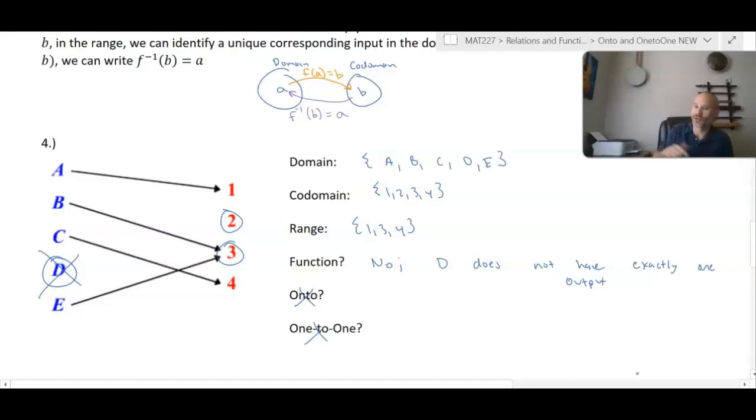So given a social security number, I can generate the name, the output, John Smith. But given John Smith, I can't figure out which social security number that person relates to back in the domain because there could be thousands of John Smiths in the world, or millions even, who knows.